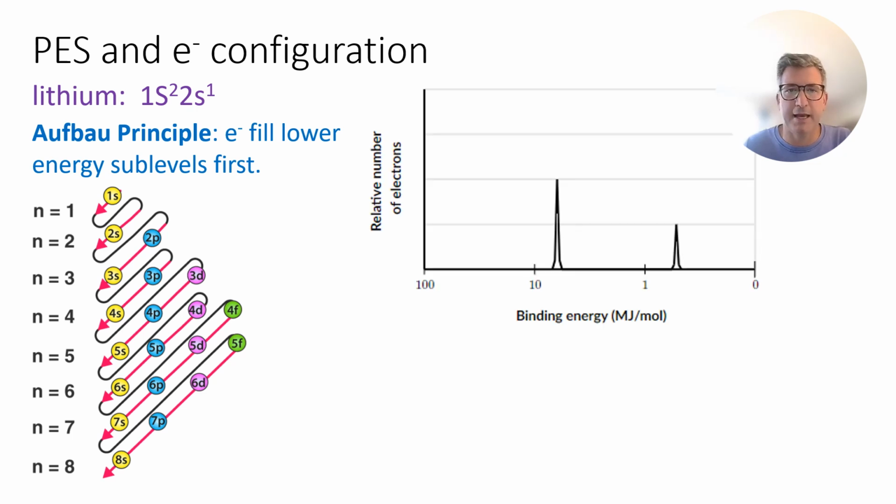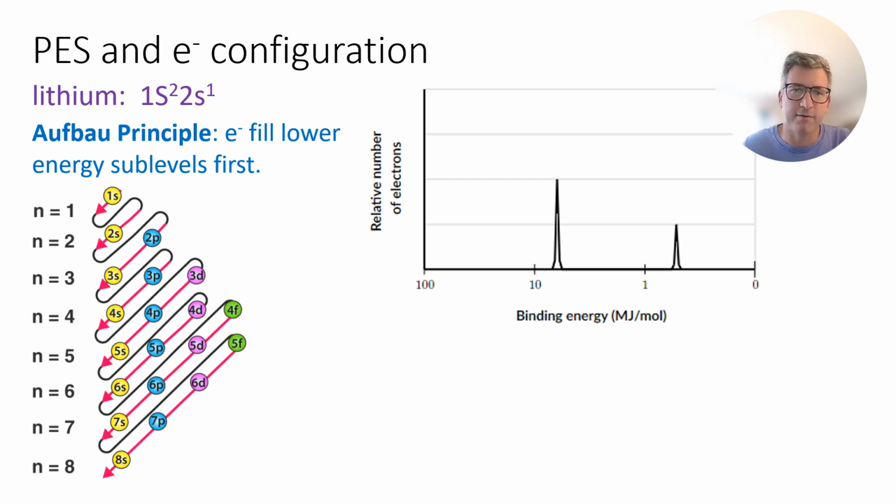All right, now let's look at a little PES graph here. A couple things we need to know about this graph. Let's look at the y-axis and at the x-axis and see what we learned here. So we have relative number of electrons. All we really know if we're analyzing this graph is that this peak is twice as big as this peak, and it means relative number of electrons.